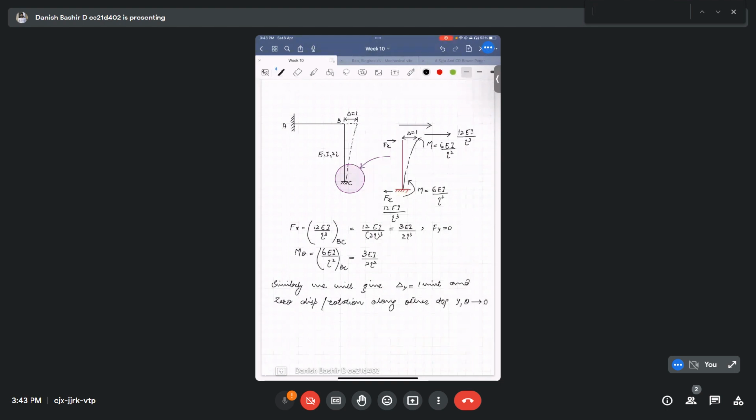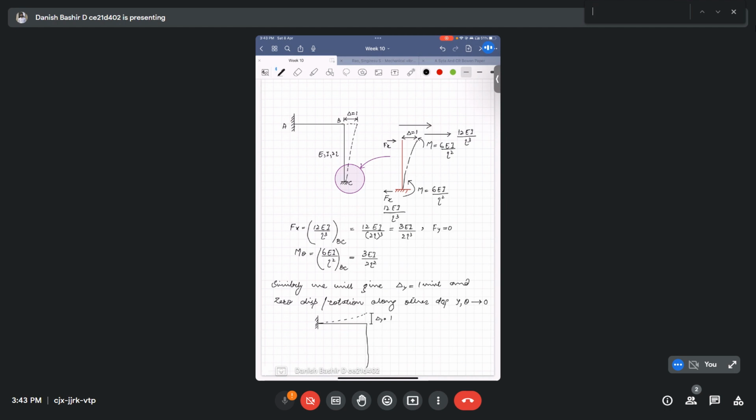Okay, so for that, when we draw it, it's the same frame like this. Along the y direction we have to give unit displacement, so it will be displaced like this. Okay, so we have this delta y equal to 1.